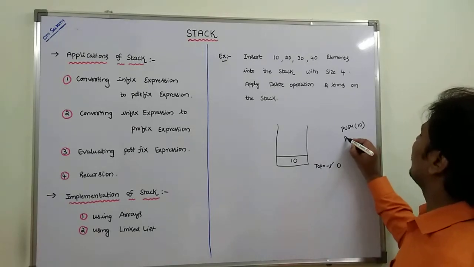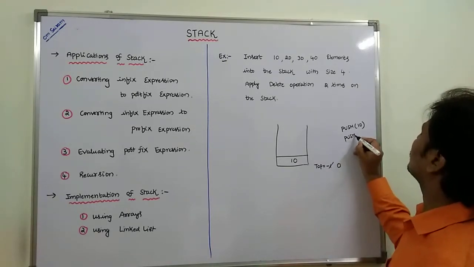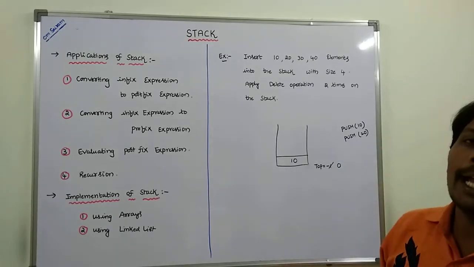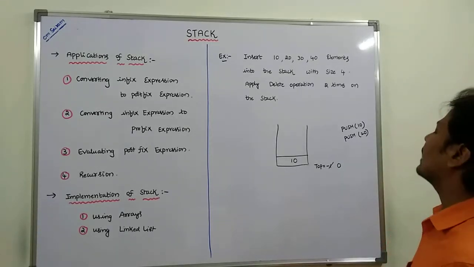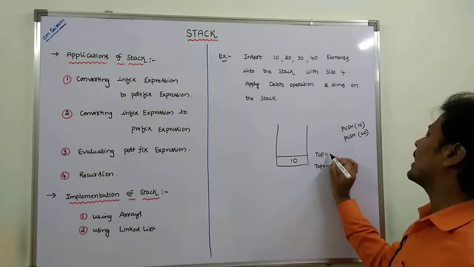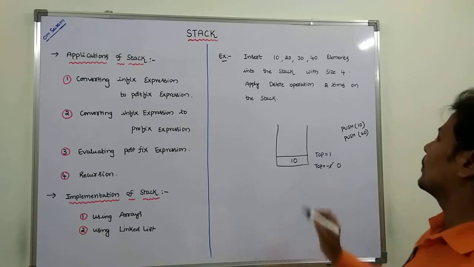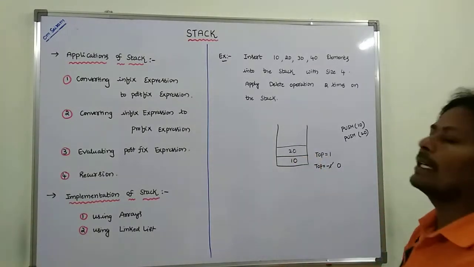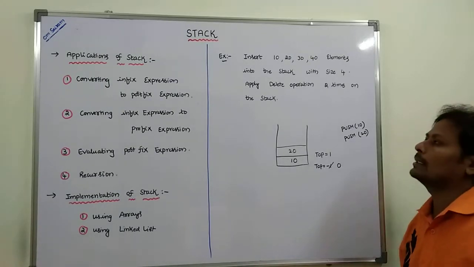Next one is push of 20. Before inserting element 20 into the stack, top is incremented. So now top is equal to 1. Then we are inserting the element 20 into the stack.